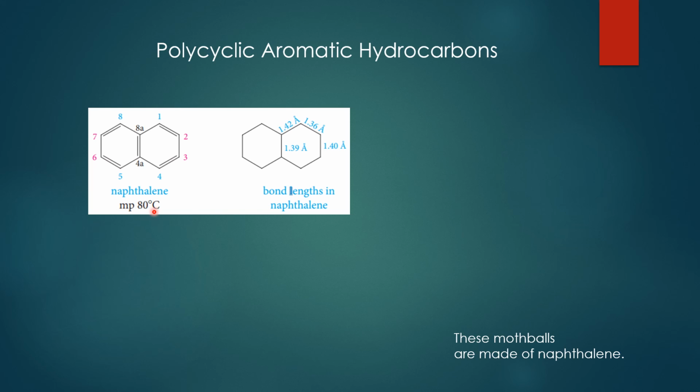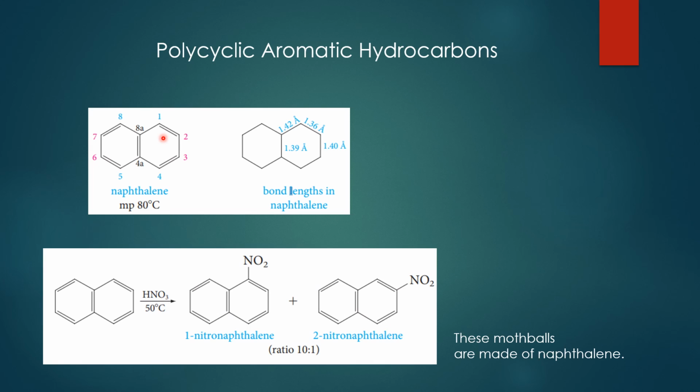Melting point 80 degrees Celsius. Naphthalene is a planar molecule with two fused benzene rings. The two rings share two carbon atoms. The bond lengths in naphthalene are not all identical, but they all approximate the bond lengths in benzene, 1.39 angstrom.